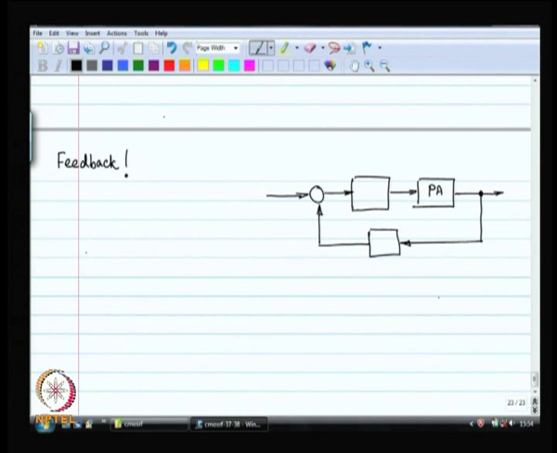So, if somehow I could sense the power output of the power amplifier, or the quality of the signal at the output of the power amplifier, and compare it to what I want, then that is kind of going to give me a linear system, right.